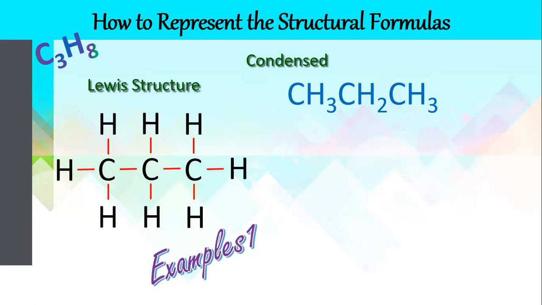So you need a simpler and easier way, and that's why we have the line angle structural formula. It is also known as the skeletal structure. So we can quickly and easily represent these molecules and still know exactly what's going on.